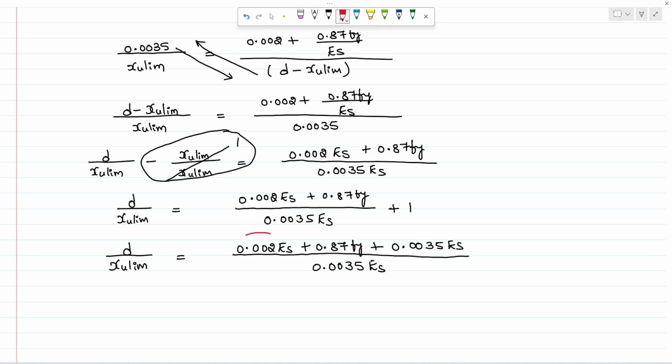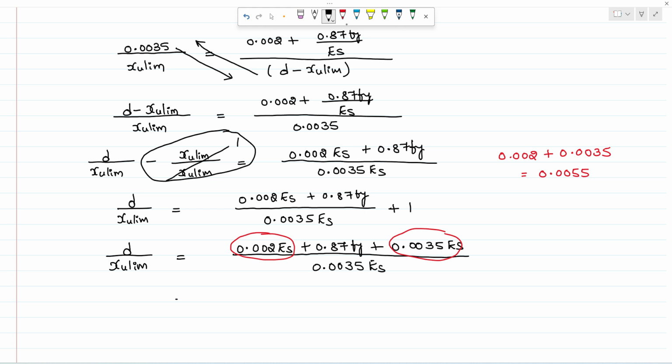So I will add these two terms: 0.002 plus 0.0035 will be 0.0055.